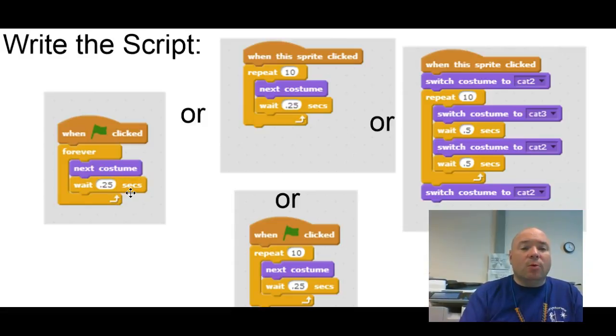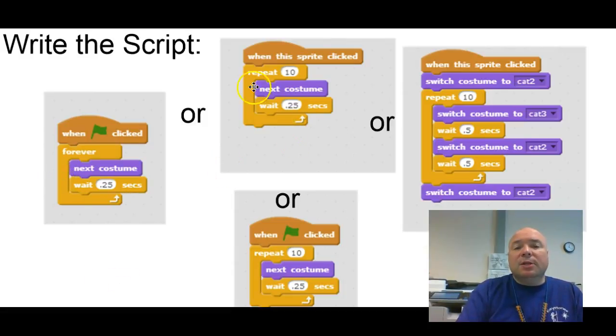Now you have to wait a quarter of a second or so for a costume change because the human eye can only perceive animation at about 30 frames per second. So if you wait no time at all, then the animation won't look like anything has happened. It'll just look like it's sitting there on one costume. Whereas if you put in too much time, the animation will be really slow. I found 0.25 seconds works pretty well.